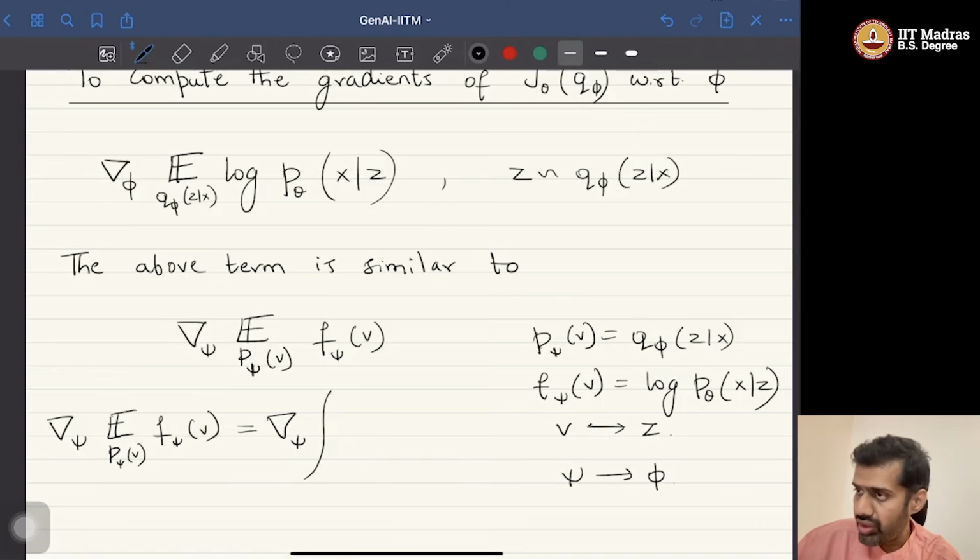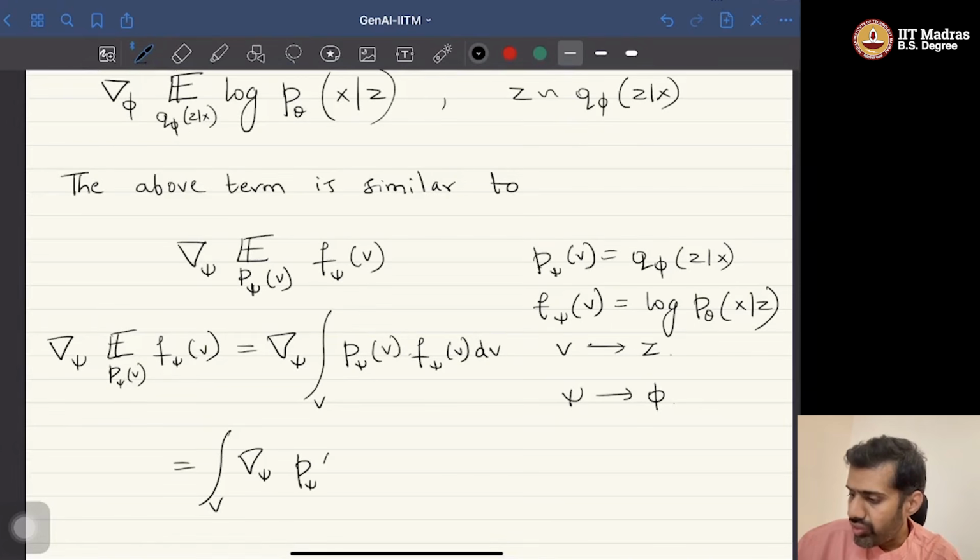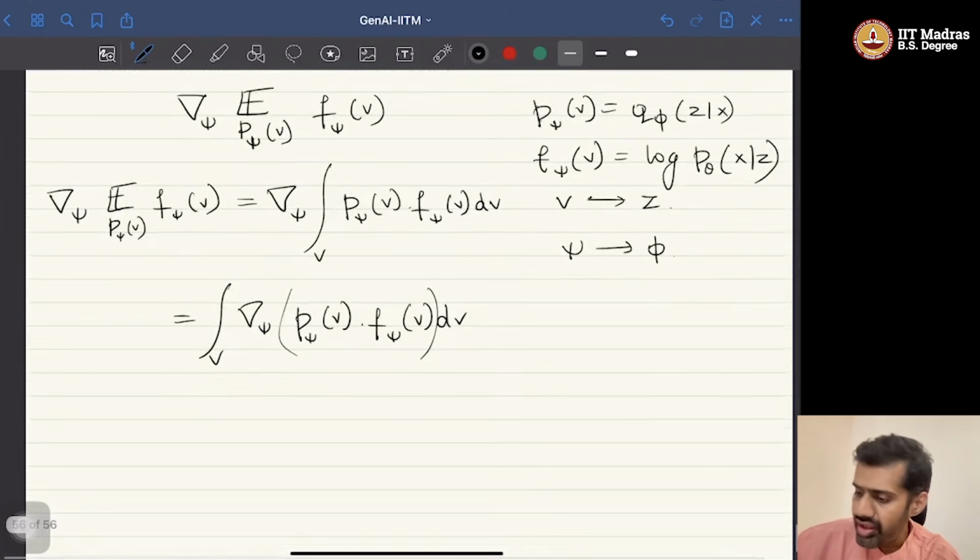The expectation by definition is the integral, assuming that all of them are continuous random variables, which is the case in our current scenario, of f psi of v times p psi of v dv. We know that the gradient is a linear operator, so we can push the gradient inside the integral.